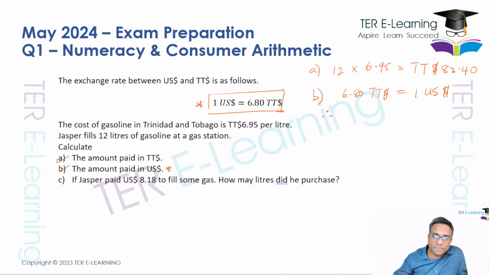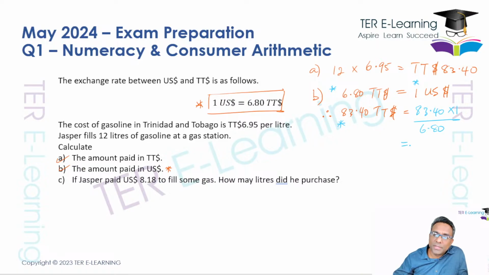So remember the amount he paid for the gasoline is $83.40 TT dollars, is equal to, now what I'm going to do here, I'm going to take this number multiplied by this number and divide by this number. That's how we simply do our currency conversion. So this is 83.40 multiplied by 1 divided by $6.80.